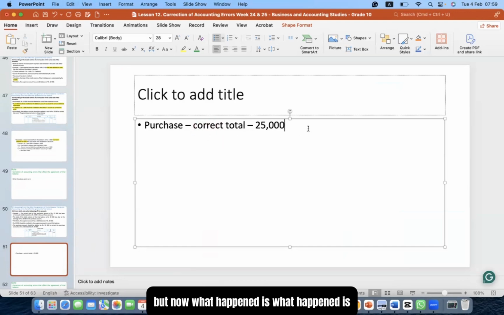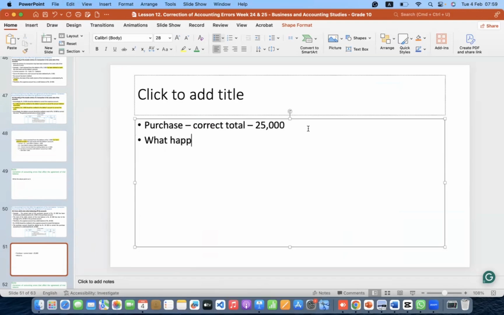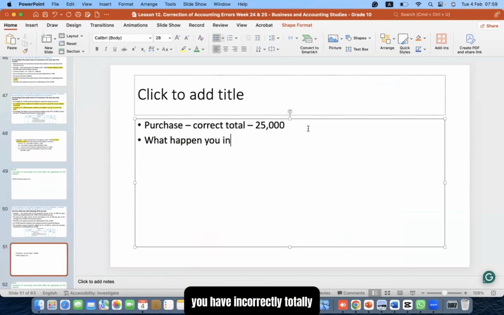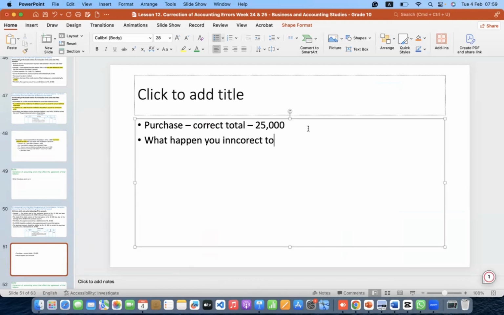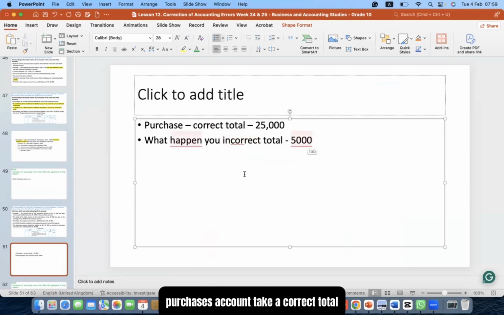But now what happened is you have incorrectly totaled it to 5,000. The correct total of the purchases account is 25,000, and incorrectly you have totaled it to 5,000.